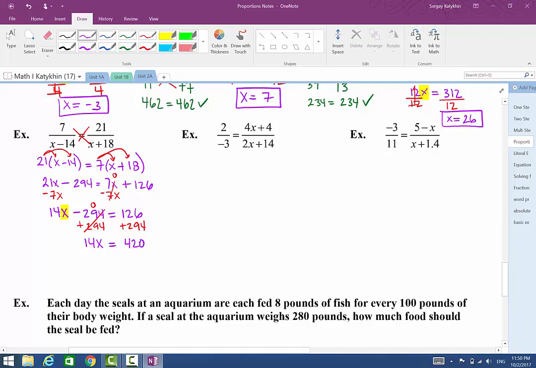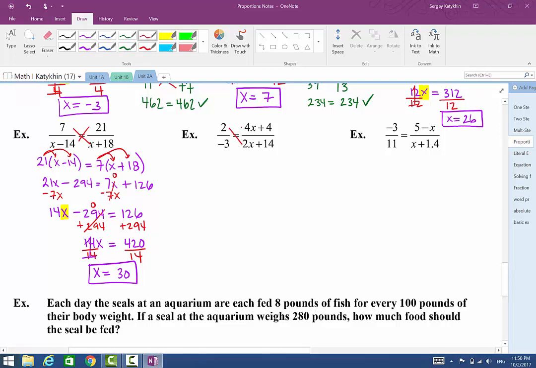Now remember, we're multiplying 14 and x. So we're going to divide by 14 on both sides, since it's being multiplied. So we have 420 divided by 14. Well, 14 divided by 14 is positive 1, so you get x is equal to 420 divided by 14, which is actually going to give us 30. So what your answer should have been is x is equal to 30.